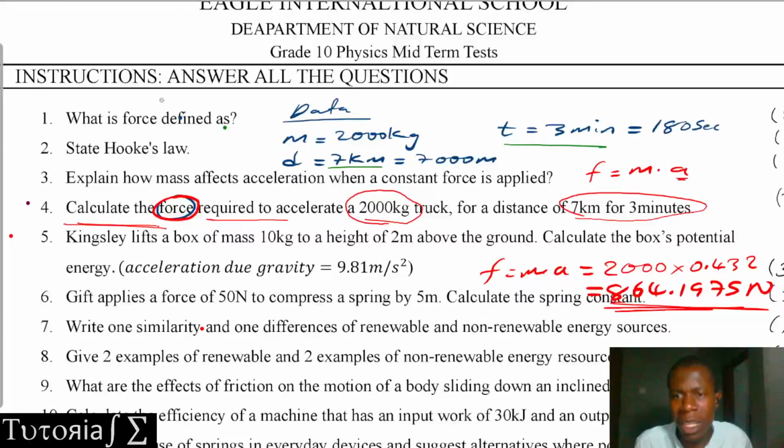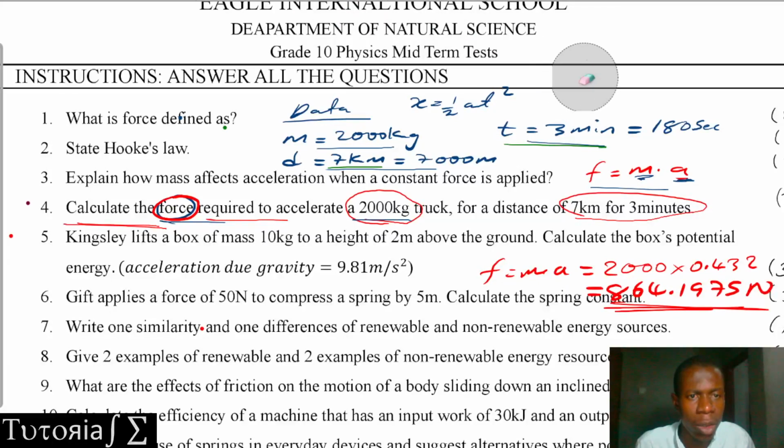So the first thing that you're supposed to do is recognize that you're supposed to use the formula force is equal to mass times acceleration. You collect your data, so you have your mass, your distance, and your time, but you don't have acceleration, so you needed to calculate acceleration. So you use the formula x equals half a t squared when initial velocity is equal to 0.